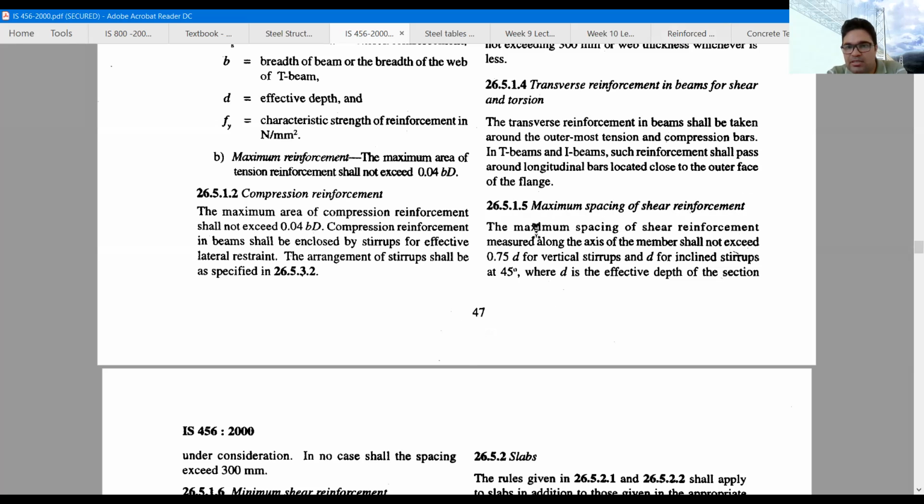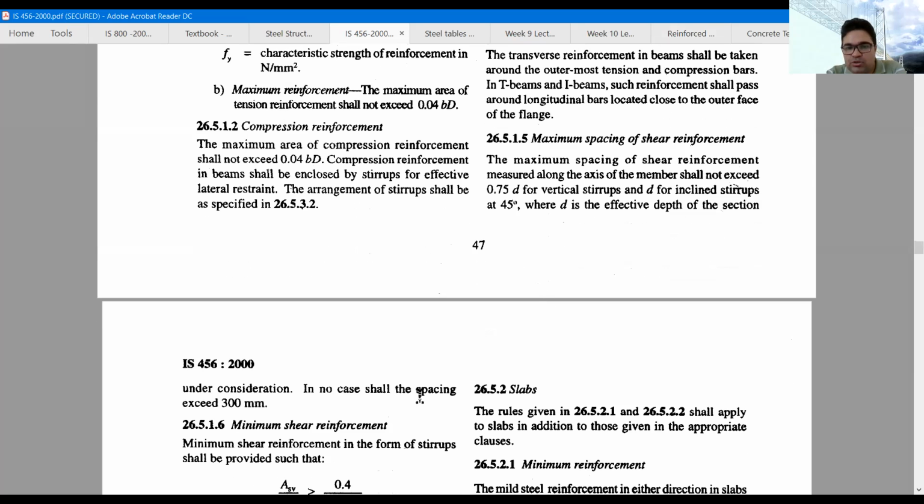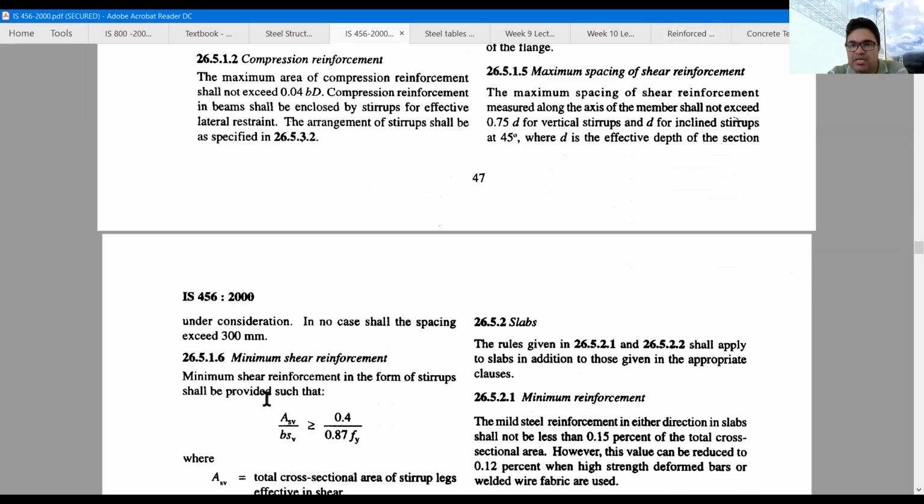It says the maximum spacing of the shear reinforcement measured along the axis of the member shall not exceed 0.75 times D for vertical stirrups and for inclined stirrups. We are not using inclined stirrups, so we are not considering this. So for vertical stirrups, it should not be more than 0.75 D, or in no case more than 300 mm.